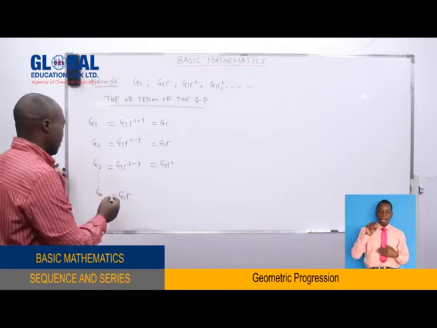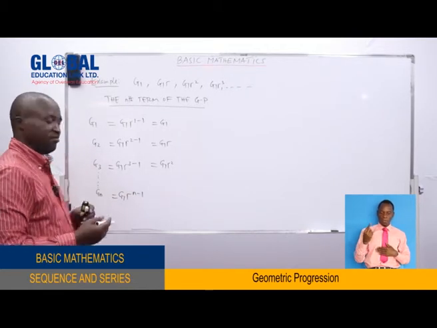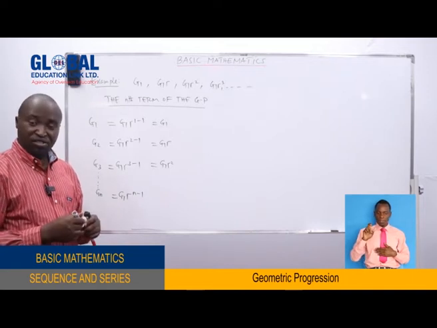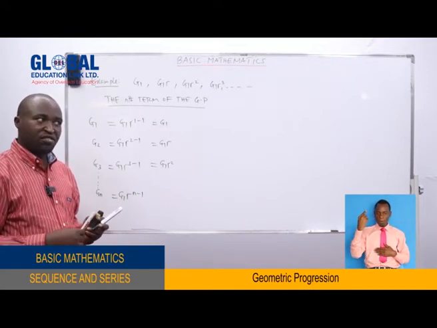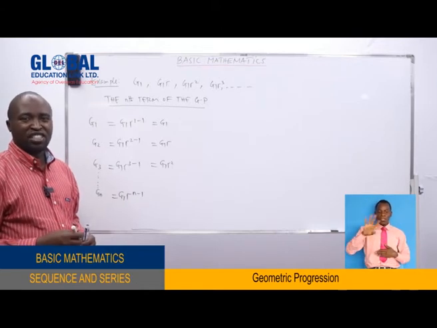Now in this case, we have n minus 1. And now student, this is the general formula for finding the nth term of the geometric progression.